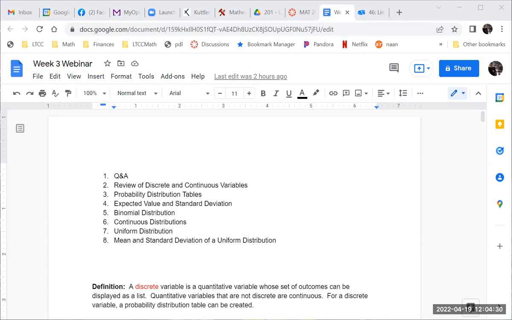The second person is also 0.32, the third person is also 0.32, and the fourth person is also 0.32. So the probability that none are vaccinated is 0.32 times 0.32 times 0.32 times 0.32, or 0.32 to the 4th.